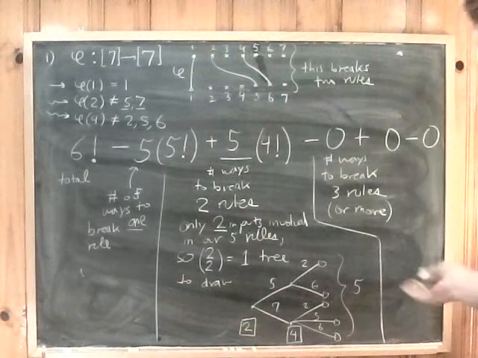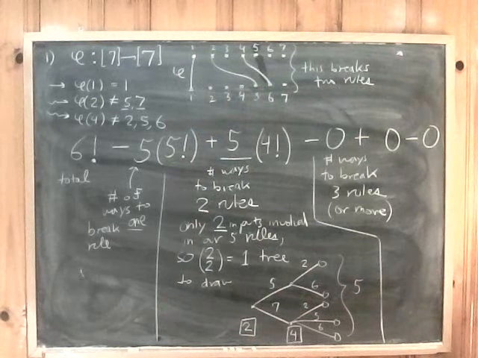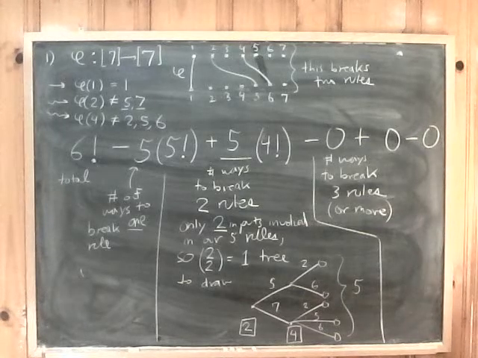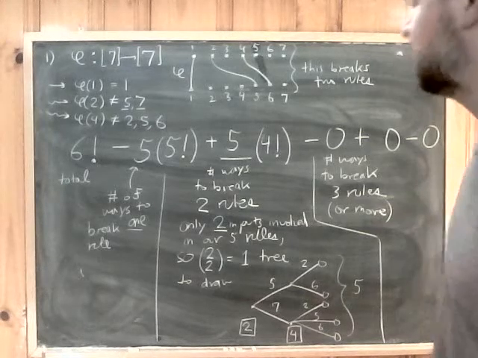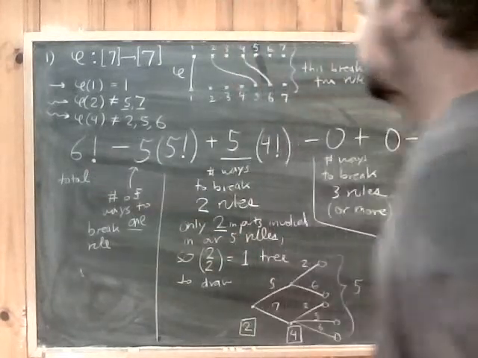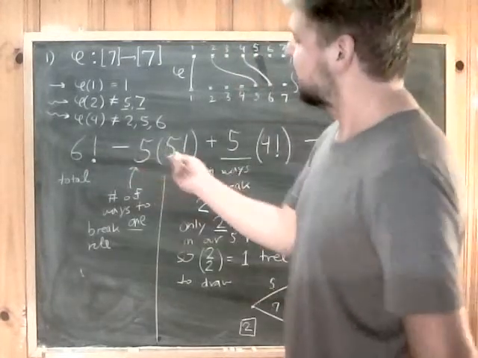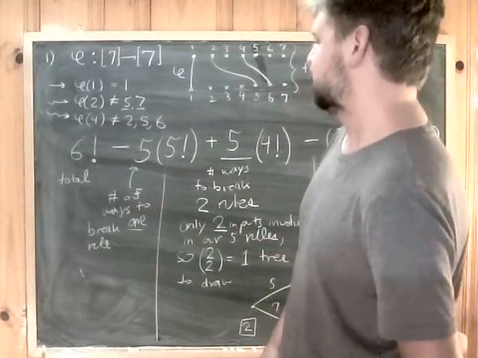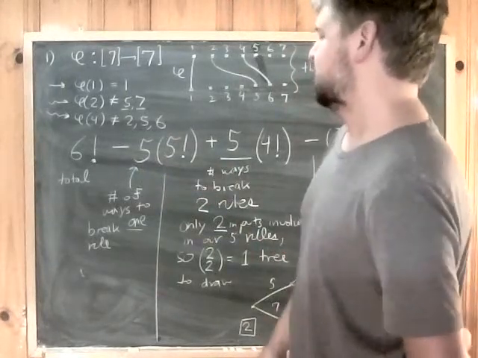And I did put this on the paper as well. And on the paper I calculated it out. You could almost do this one without a calculator. A calculator is fine too. You've got 6 factorial, which is 720, and it's almost minus another 6 factorial. But it's minus 5 times 5 factorial instead of 6 times 5 factorial.